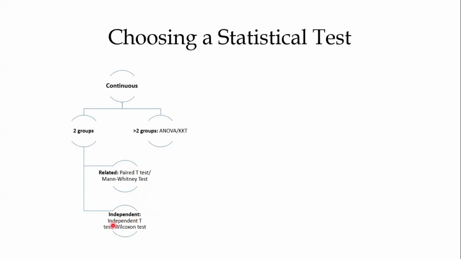Independent t-test is used when the two groups are completely different. The non-parametric equivalent of the independent t-test is the Mann-Whitney. Mann-Whitney usually is used to compare means where you have two groups, but the data is not normally distributed.